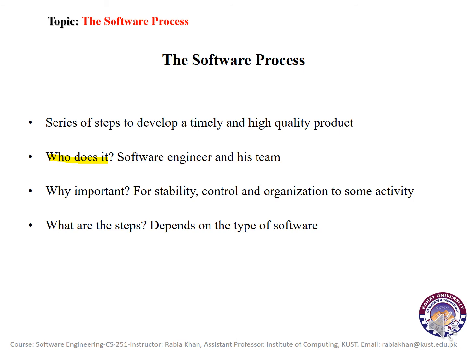Now, as we have discussed, who develops the process? Then the question is, why is the software process important? The software process is very important because a process is a roadmap or a plan that gives stability, control, and organization to the software development activity.